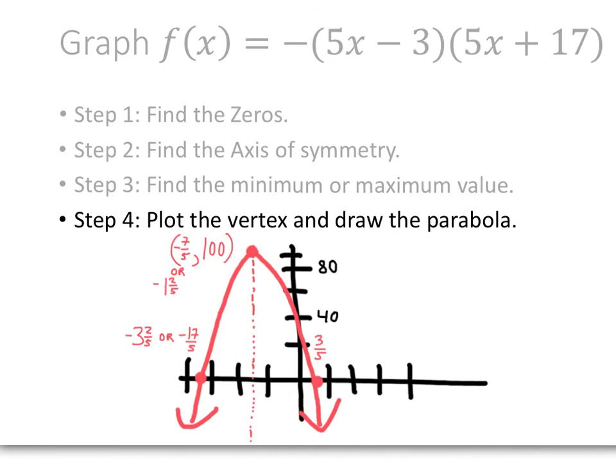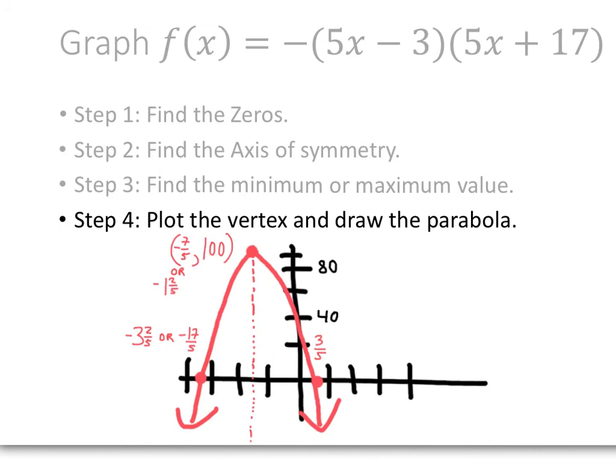I also have my two zeros at negative 17/5, otherwise known as negative 3 2/5, and also negative 3/5. If I have the vertex, and then I have my two zeros, I have 3 points, which is enough to give me a good picture of what the parabola looks like.